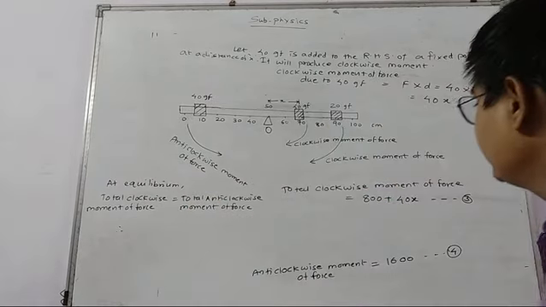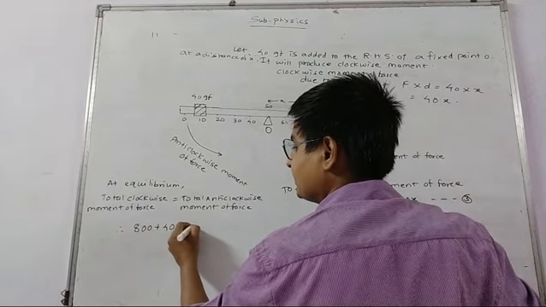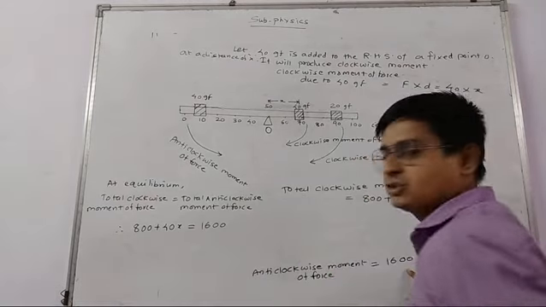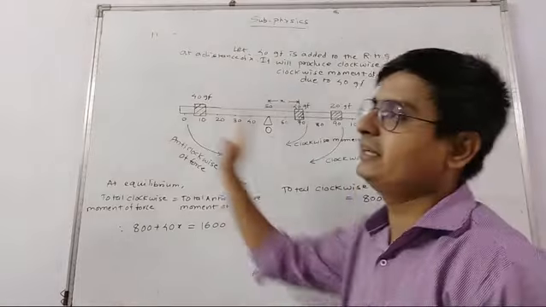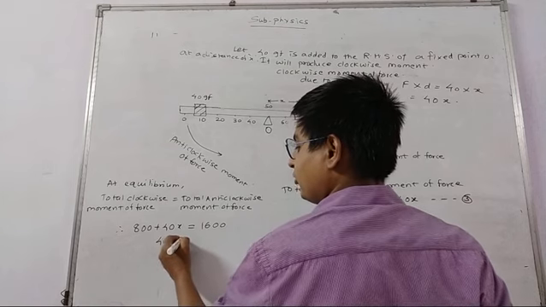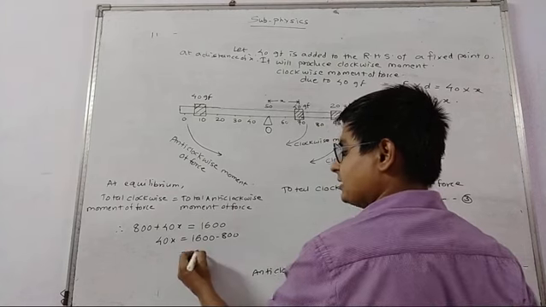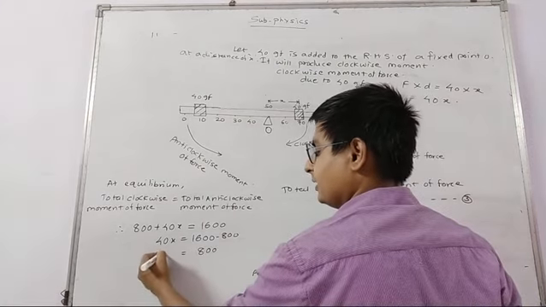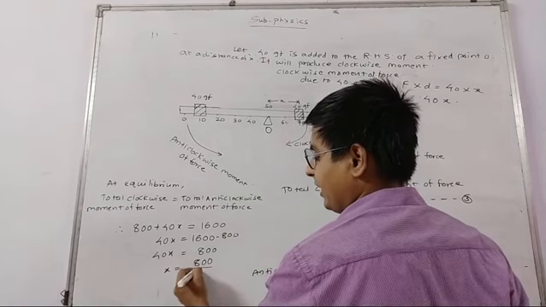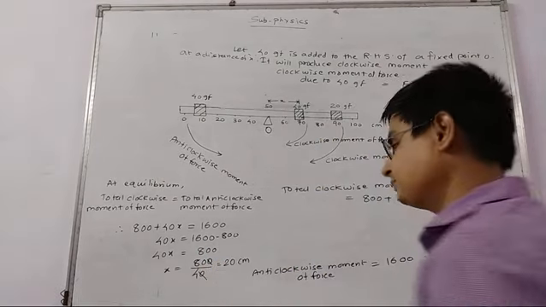The clockwise moment is 800 plus 40x, and the anti-clockwise was 1600. That has not changed because we have not added any mass on the left of the fixed point. So 40x is equal to 1600 minus 800, which gives 800. That is 40x, so x is 800 divided by 40. The answer will be 20 centimeter.